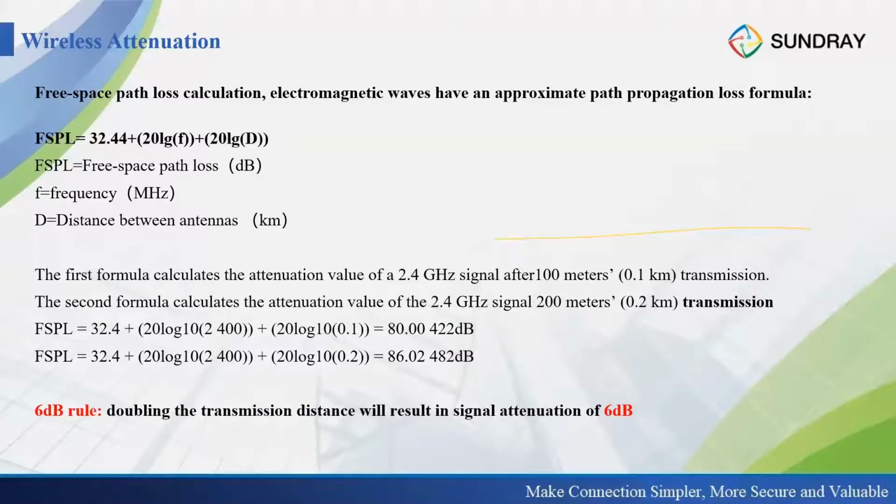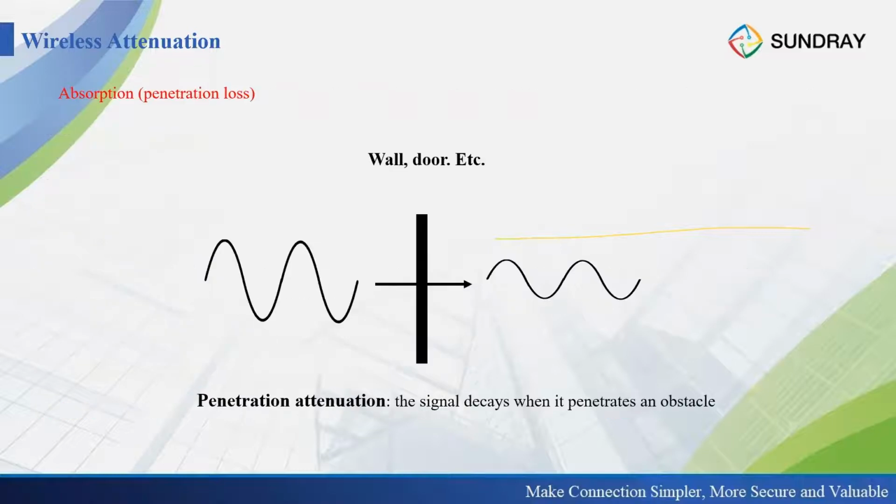You choose an AP with a transmit power of 26 dBm. Using this AP, the signal can reach the place 200 meters away. So when the device receives the signal, it's also at about negative 60 dB, so it's good for Wi-Fi use.